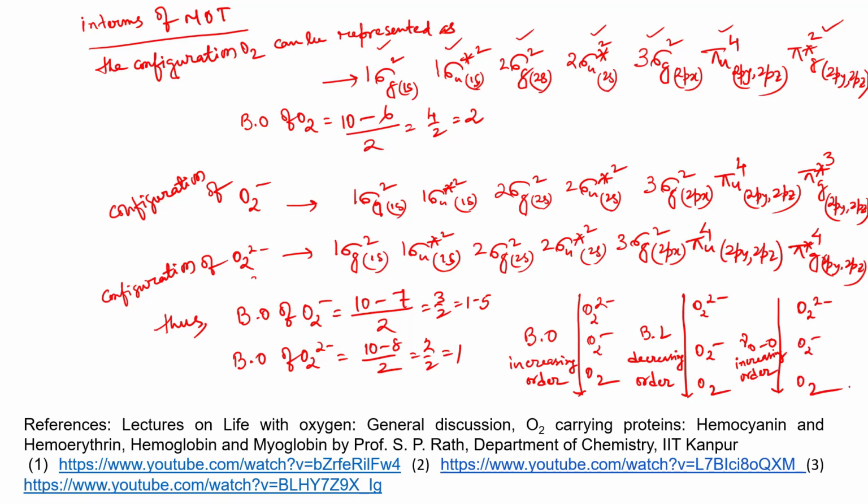Thus, easily we can say that with increasing bond order, bond length decreases and the stretching frequency will increase, because the stretching frequency has a proportional relationship with the bond order and an inversely proportional relationship with the bond length. Now this O2 2 minus is in hemocyanin.